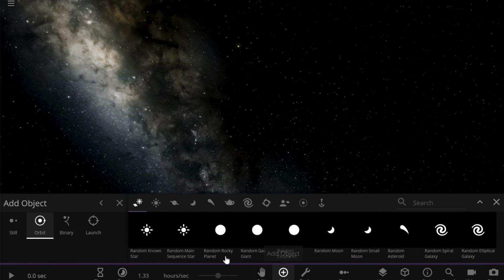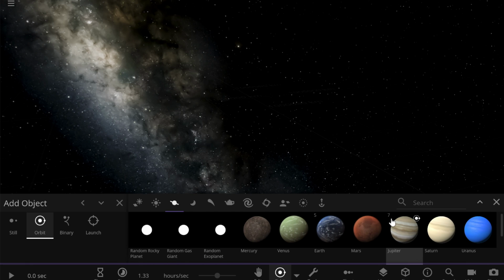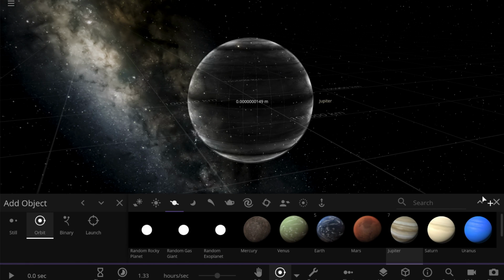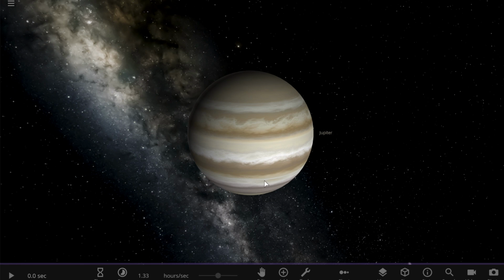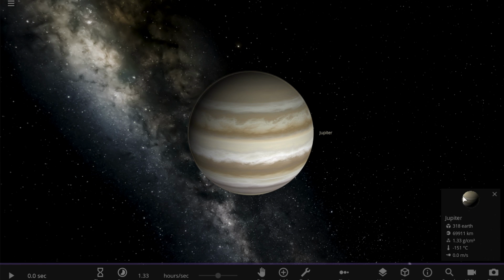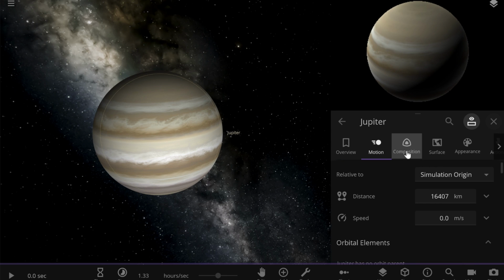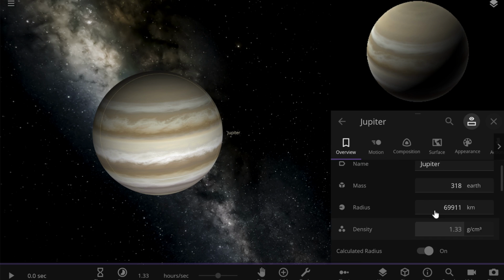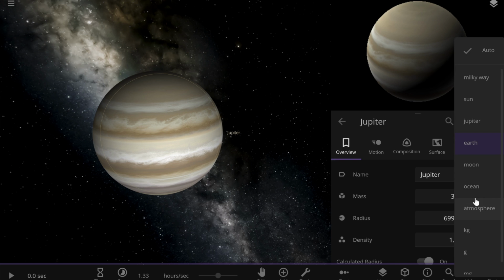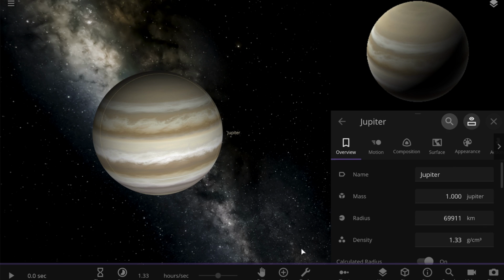So, Jupiter. Okay, Jupiter is considered a planet, right? But once anything gets above, well, let's see. We are going to put in mass, for mass, I'm going to put Jupiters. So it's going to be one Jupiter.